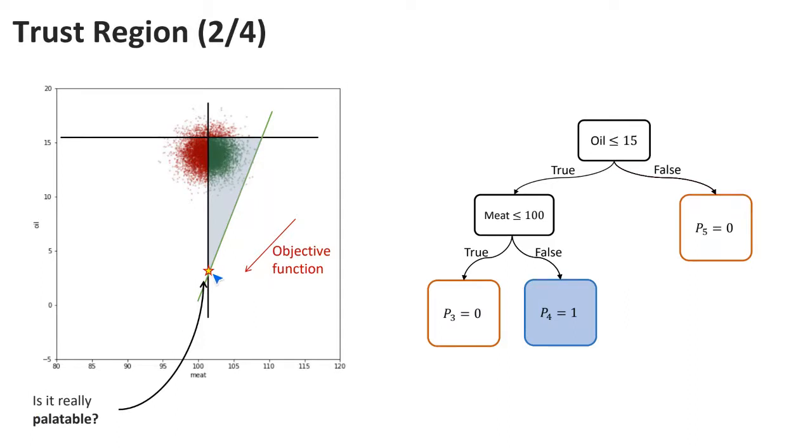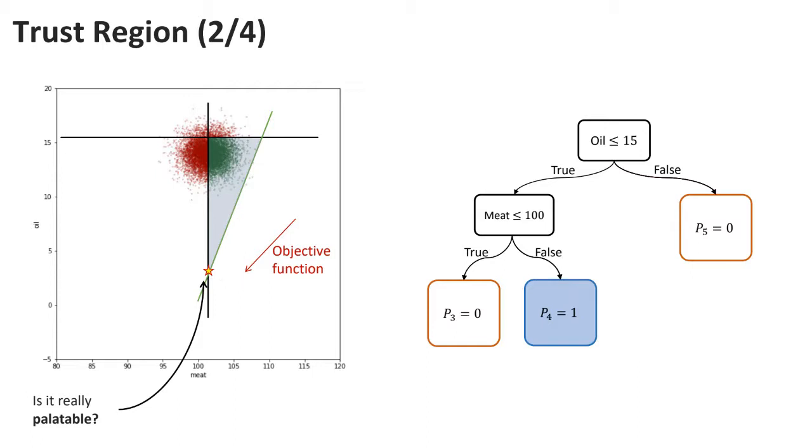What we get is, as optimal solution, the star that you see here. But is it really palatable? Can we actually claim that it's palatable? I mean, according to the decision tree, we are in the palatable leaf. But it's actually really far from what we have seen in the training phase, right? So where the data is distributed.